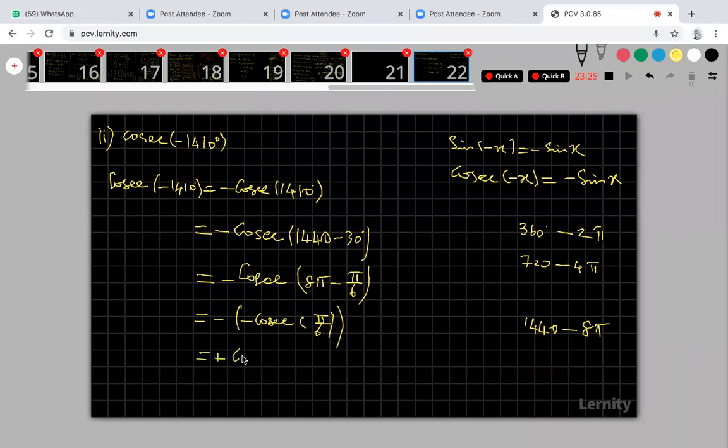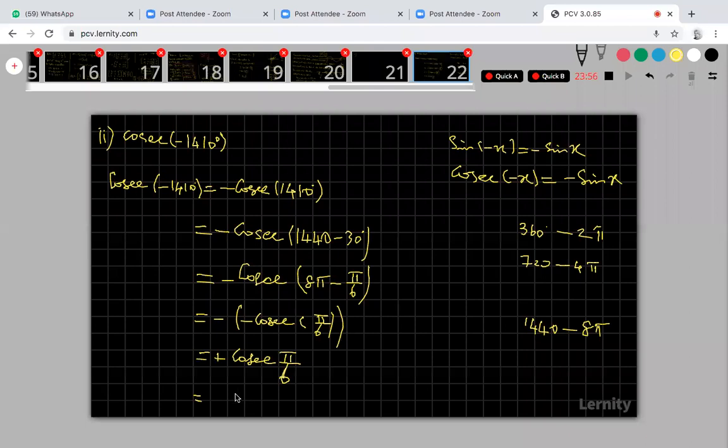Cosecant pi by 6. What is my cosecant pi by 6 value? First of all, find the sine pi by 6 value. Sine pi by 6 means sine 30 degrees, which is 1 by 2.